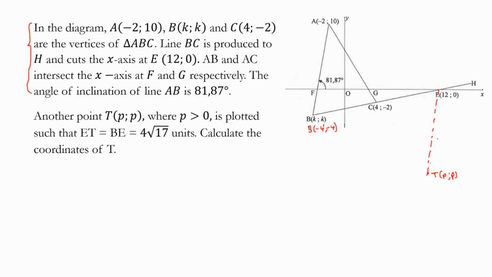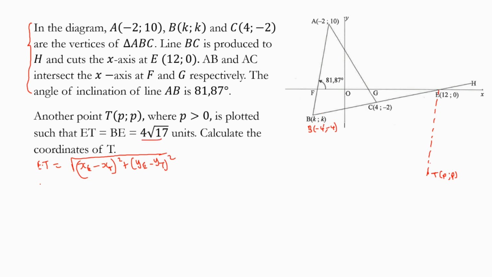So what is the distance of the line segment ET? The distance ET is equal to the square root of (xE minus xT) squared plus (yE minus yT) squared, and this is equal to 4 root 17.